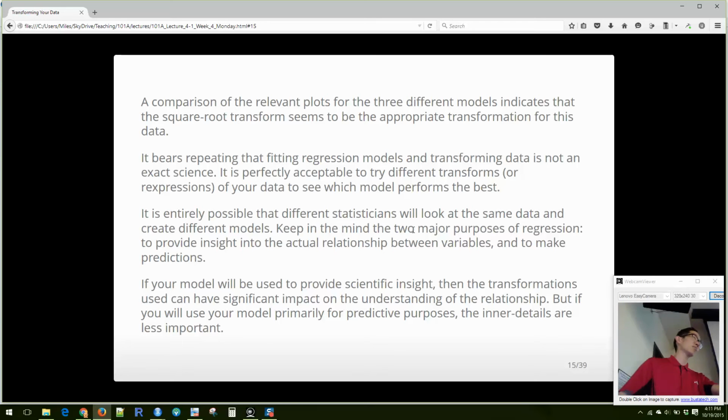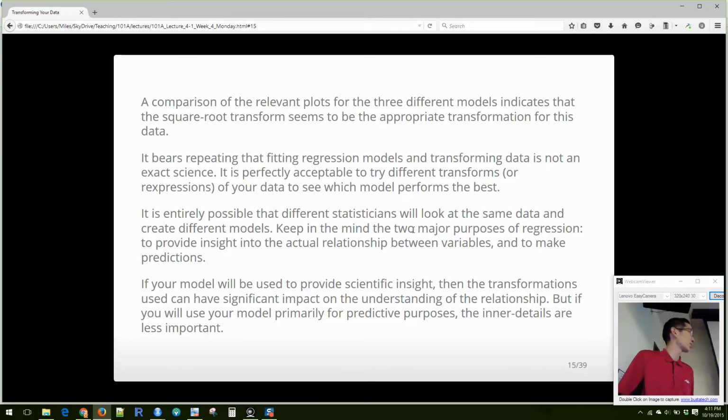I wrote, it bears repeating that fitting regression models and transforming data is not an exact science. There are some guidelines in terms of when you would want to use the square root or the log transform. But the truth of the matter is generally we don't have a very clear understanding of the underlying process generating the data, so we might not know which one would be better to use.